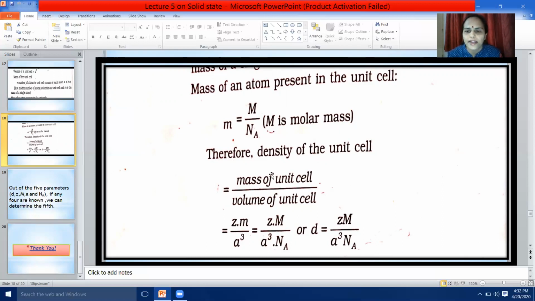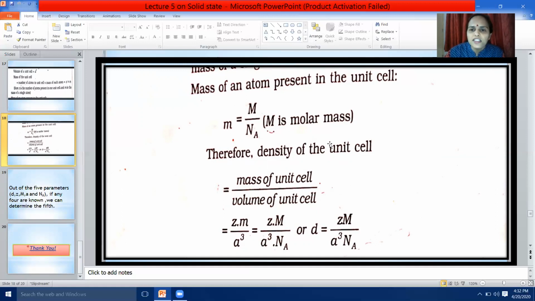Na is equal to 6.022 into 10 raised to 23. It is Avogadro's number. So this mass of an atom present in the unit cell equals to molar mass upon Avogadro's number.